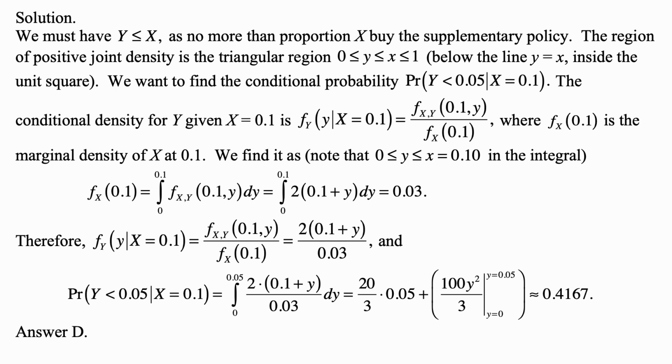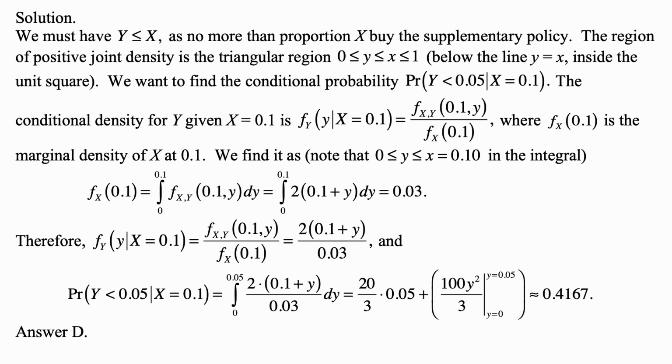We note that 0 is less than or equal to y less than or equal to x, which is 0.10, so y runs from 0 to 0.10 of f sub XY of (0.1, y) dy, and that's the integral from 0 to 0.1 of 2 times (0.1 plus y) dy, and that's equal to 0.03 by calculating this.